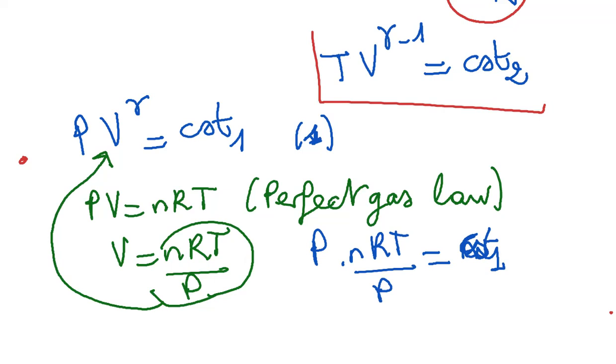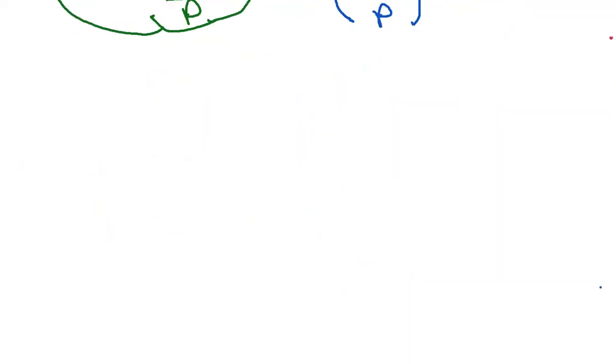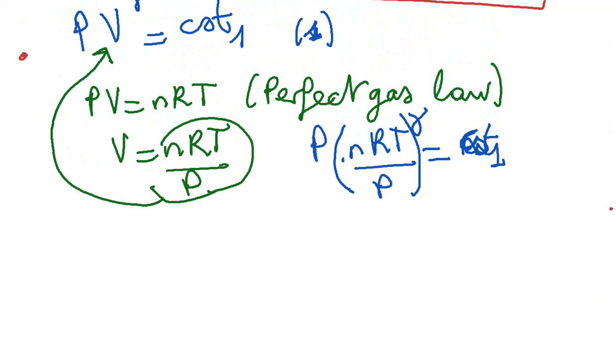But here there is something that we need to add, because I replaced the V, but the V is with the power gamma, so this whole thing is with the power gamma. Coming back to the equation, I'm going to have P times n power gamma, R power gamma, T power gamma, and P power minus gamma again.